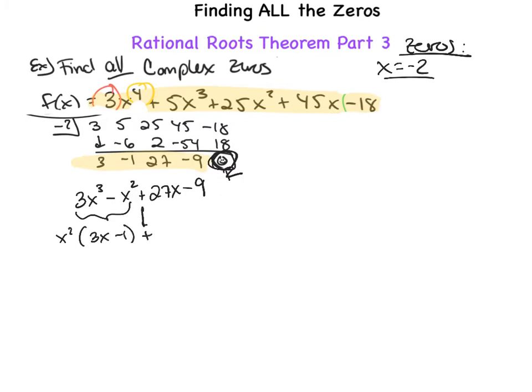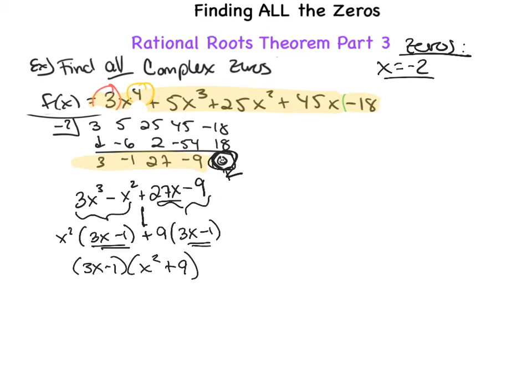Bringing down the positive sign and looking at the second pair, there's a common factor there of a 9. Factoring that out, it again leaves us with a 3x minus 1. So what we have is 3x minus 1 is a common factor, and x squared plus 9 is left over.